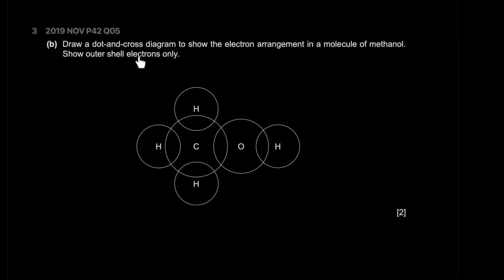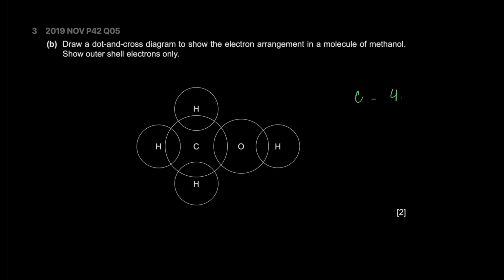All right, draw the dot and cross structure to show the electron arrangements in the molecules of methanol. Show outer electrons only. What's interesting about this is you have carbon given to you. Carbon is in group 4, can only make 4 bonds. This is a slightly different way of doing it because we can't keep track of all electrons.